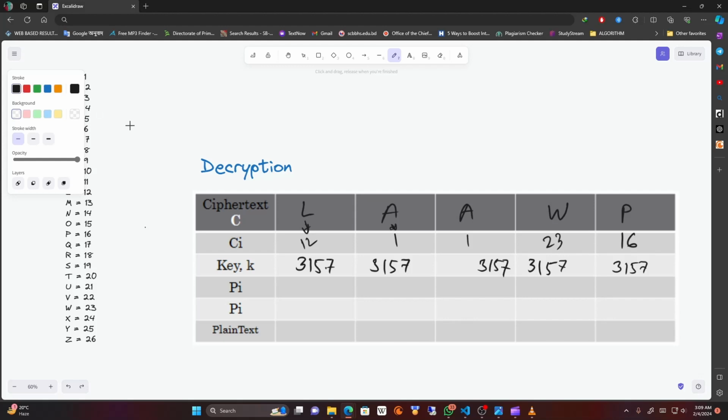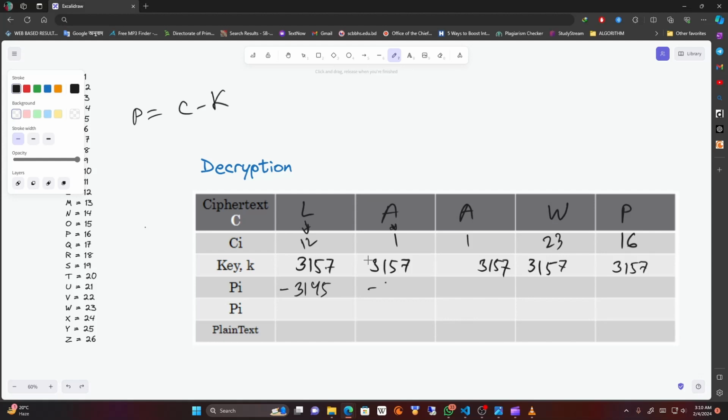Now let's get the plaintext value. Previously we saw an equation where P equals C minus K. So 12 minus 3157 will be negative 3145.